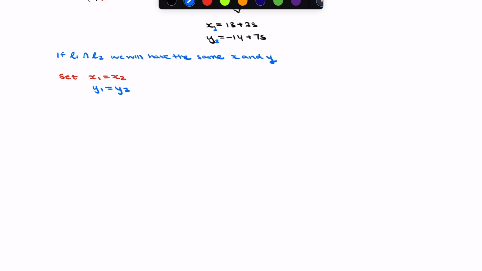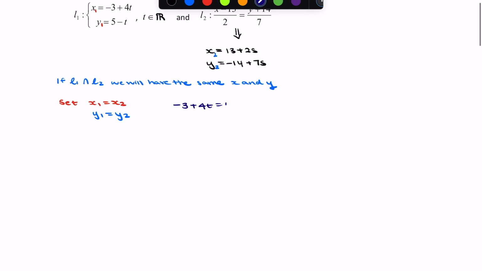So here we have -3 plus 4t. x1 is equal to 13 plus 2s, which is x2. And for y1, we have 5 minus t is equal to -14 plus 7s.